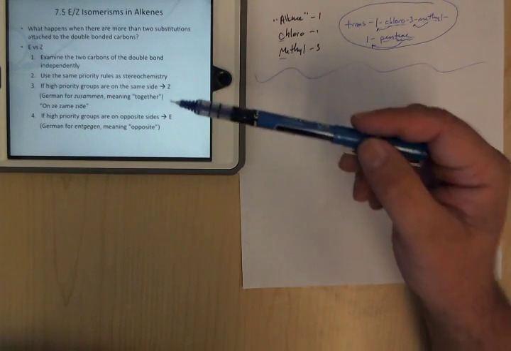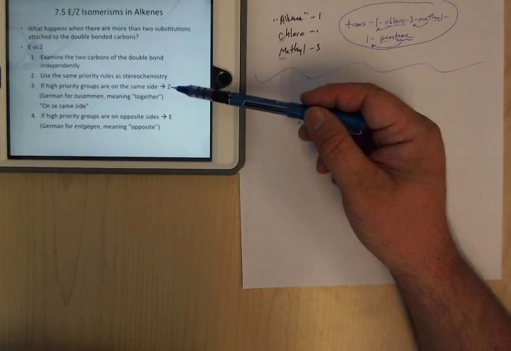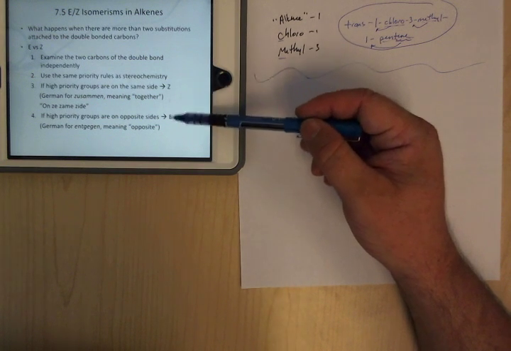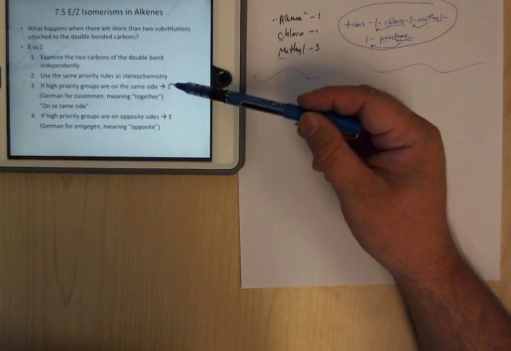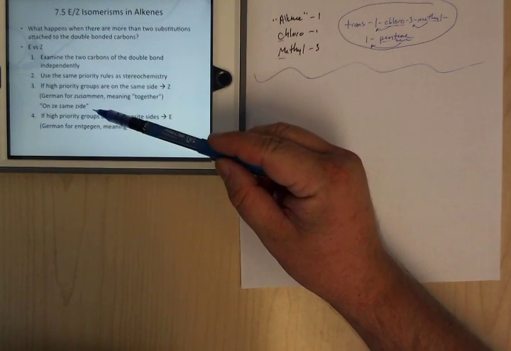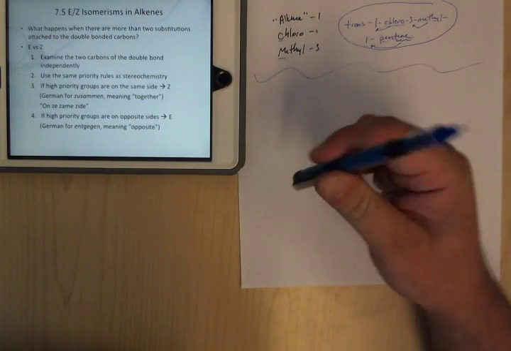Now, this is a quirk of the German language. You would think that Z would be opposite and E would be on the same side, but it's not. So you always have to remember Z is on the same side, in your really bad German accent, Colonel Klink or whatever.